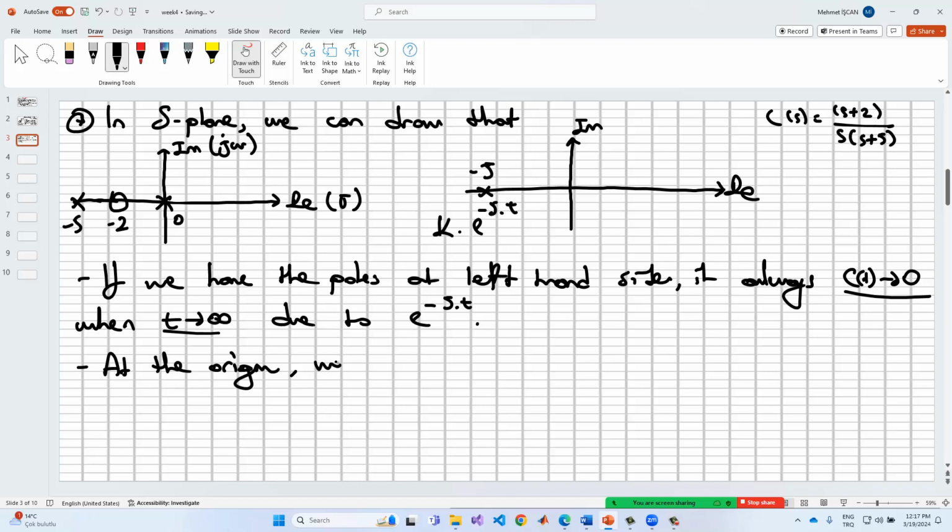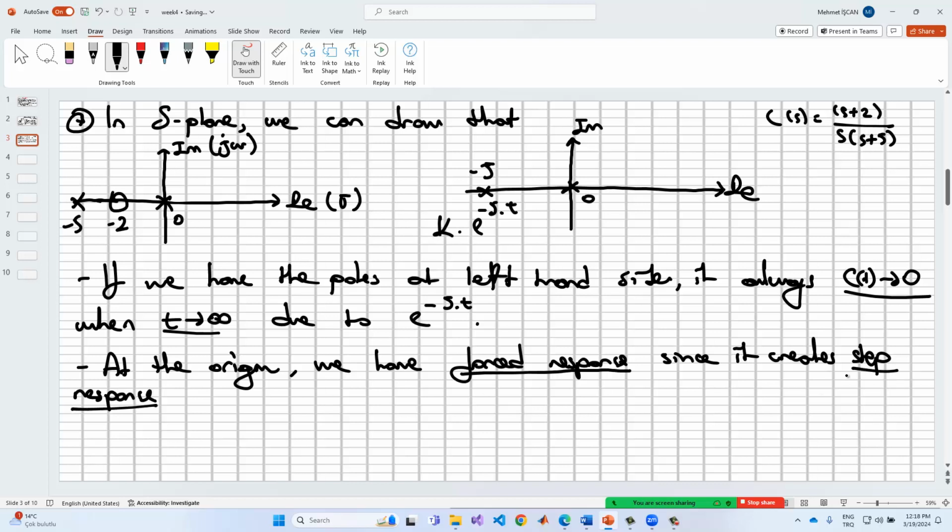And so we have the forced response, right? Because we have this pole in here, it creates the step response, right? Because we have a bias term in here.